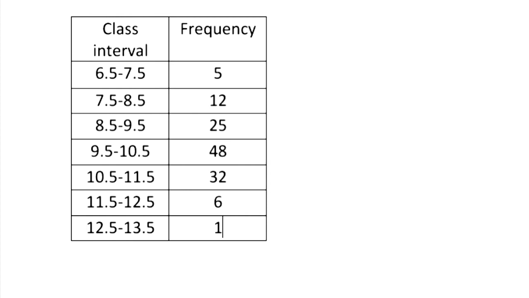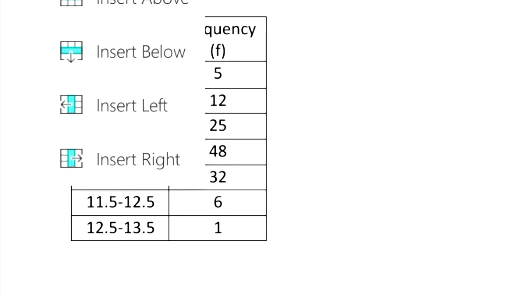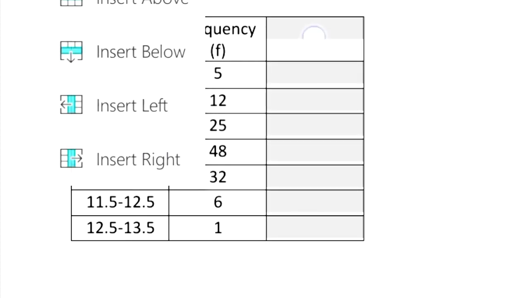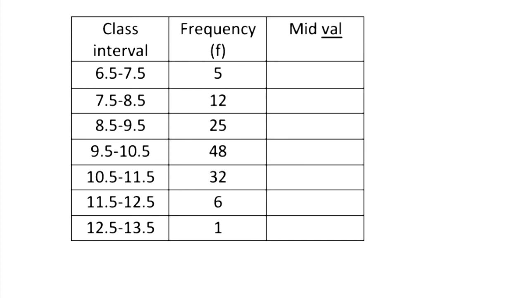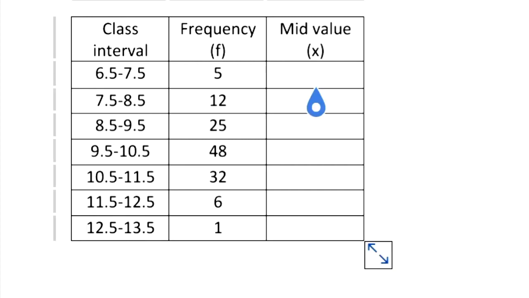That mid value will be denoted by x and frequency is denoted by f, and we will find the product of the frequency and the x value. Mid values are denoted by x.